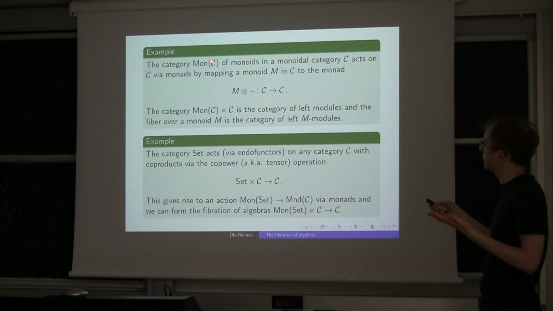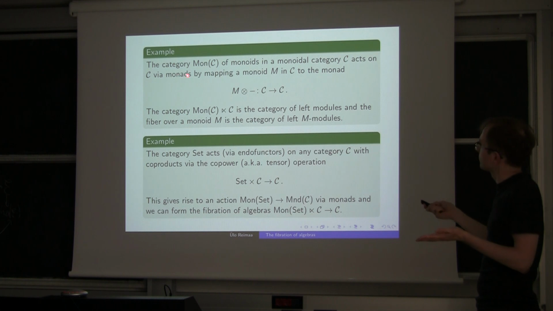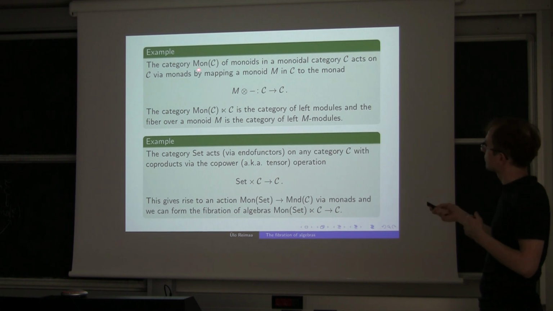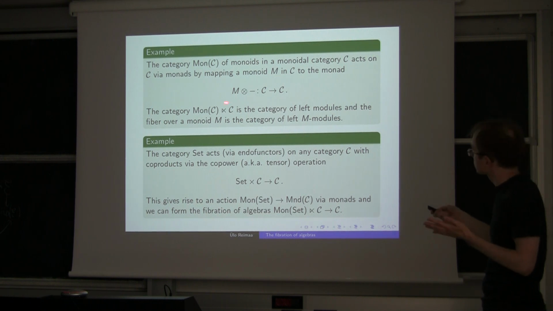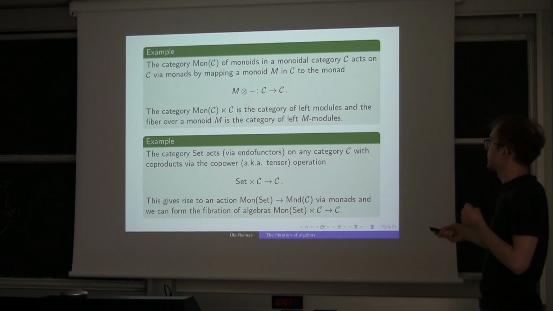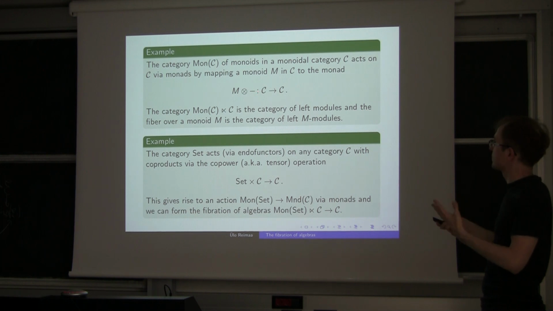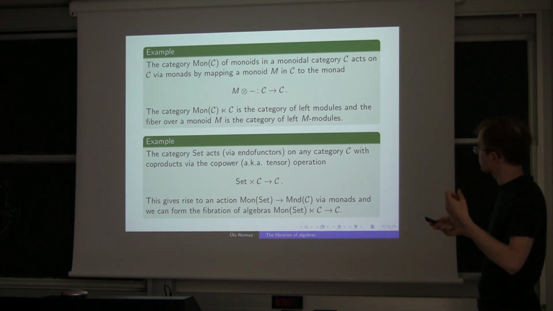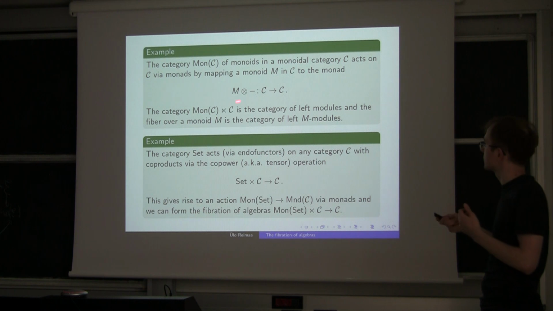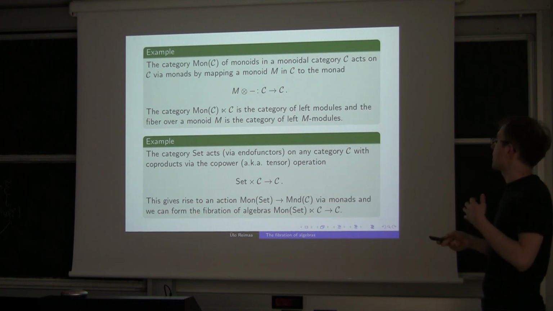In the category of Abelian groups, we have rings, and well, each monoid in C will induce a monad on the underlying category, which has as its algebras modules over this monoid.